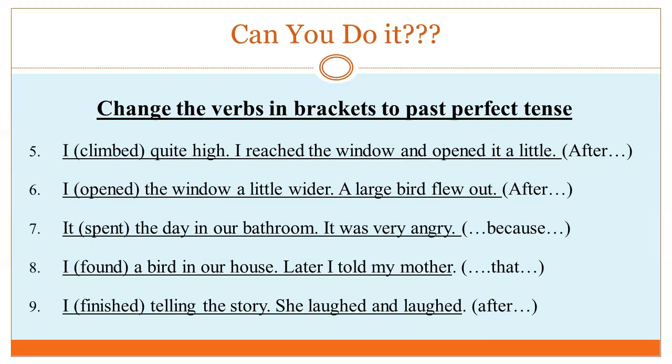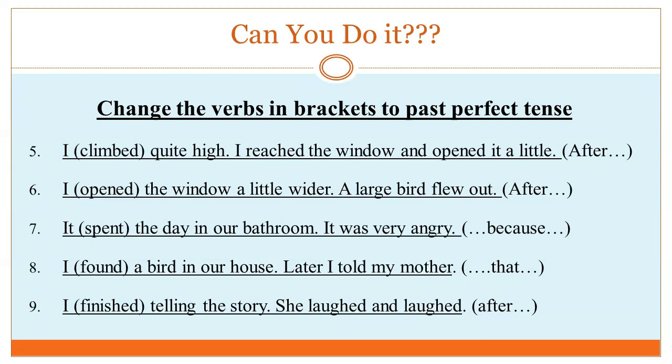So, after what? After the event that happened first. Which event happened first? I had climbed quite high. The sentence would be: after I had climbed quite high, comma, I reached the window and opened it a little. Did you understand? The next sentence number 6 is the same. You will solve it in the same way.